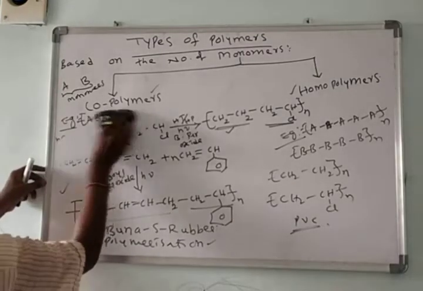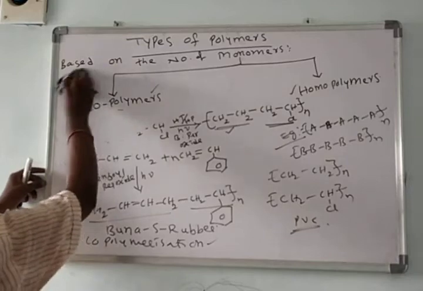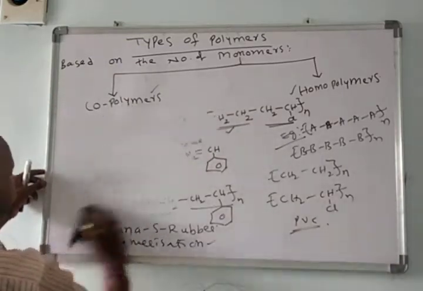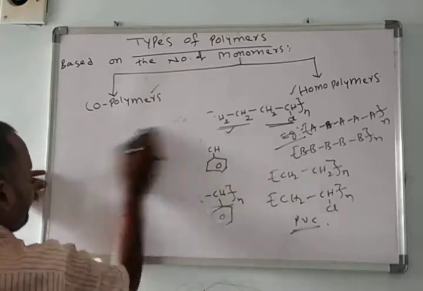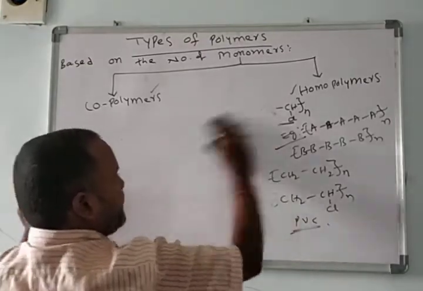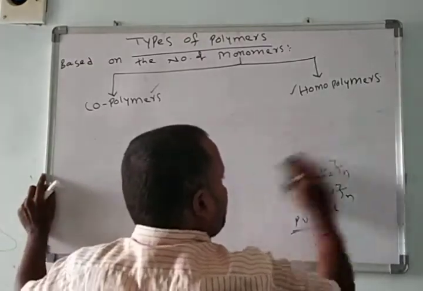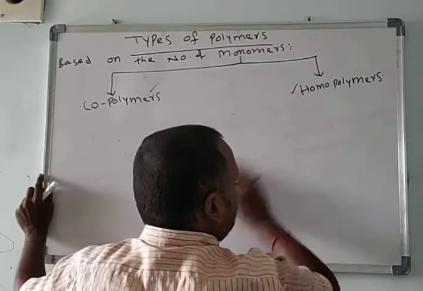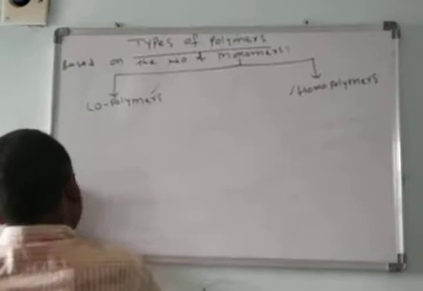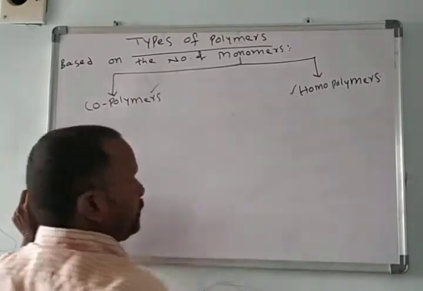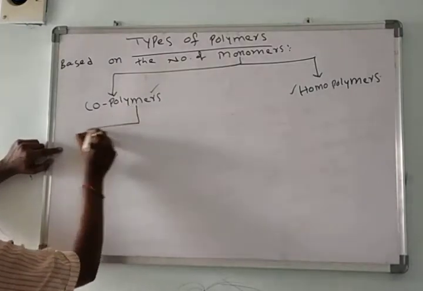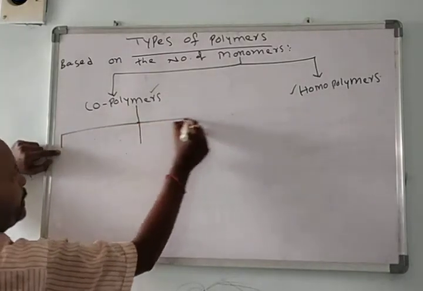Then in continuation we'll see the types of copolymers. Here I will write, and after that I will explain all of those. Copolymers may be classified into four types.